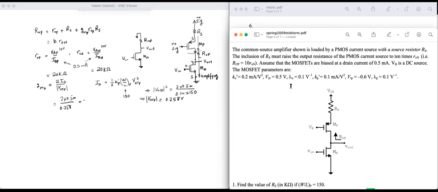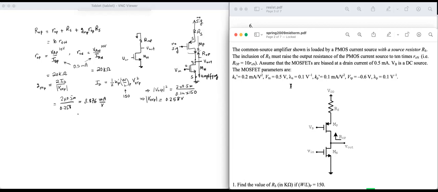That's 3.876 milliamp per volt. All right. That's GMP. All right, I think we have everything.